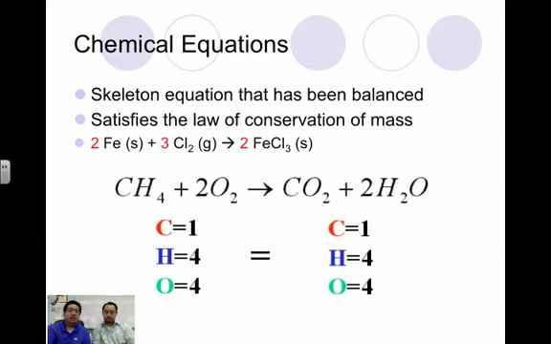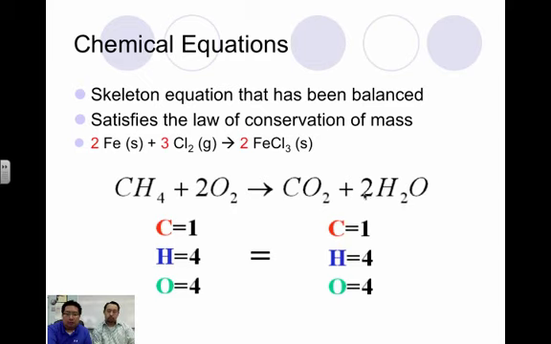The way we balance is by putting numbers in front of the chemical substances on either side of the arrow. And we'll talk more about what these mean. These are known as coefficients, and basically they tell us how many of each. If you look at this example here on the bottom, it results in equal amounts on both sides. So we have 1 carbon here, 1 carbon here, 4 hydrogens here.